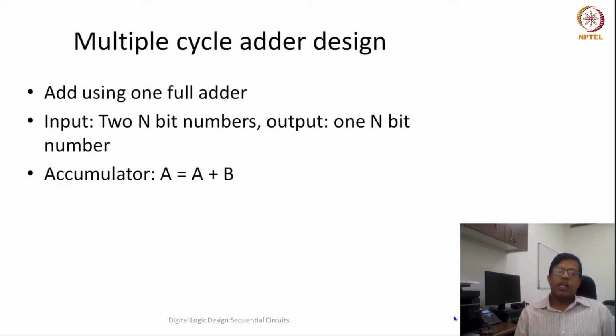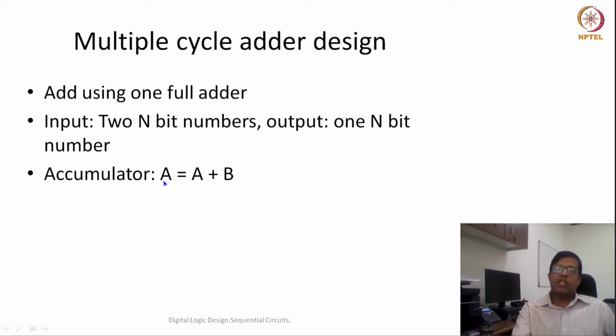To make the problem even simpler, we are trying to design an accumulator where the output is also saved in one of the operands. Let's say the two operands are A and B, both n-bit numbers, and the result is also an n-bit number which is saved in A.